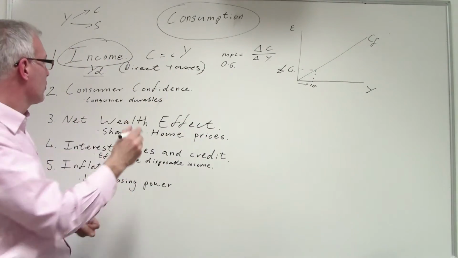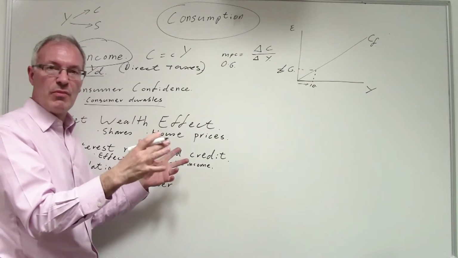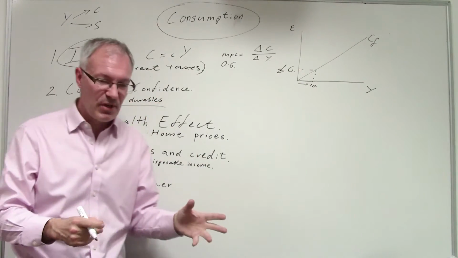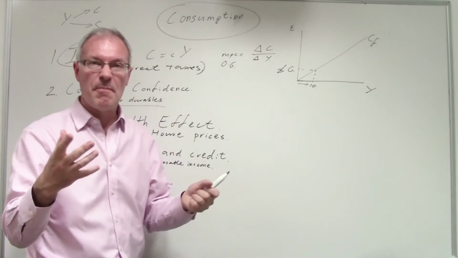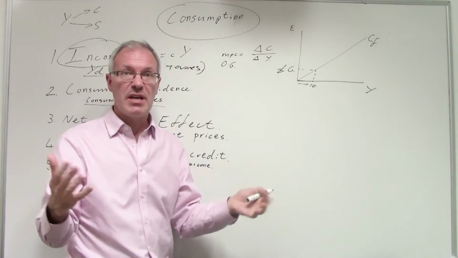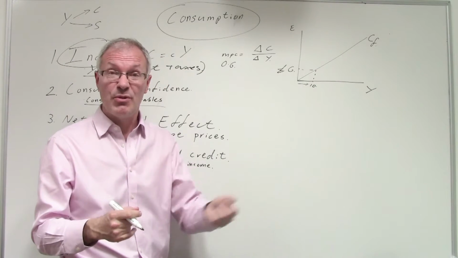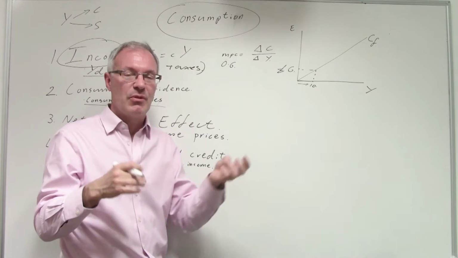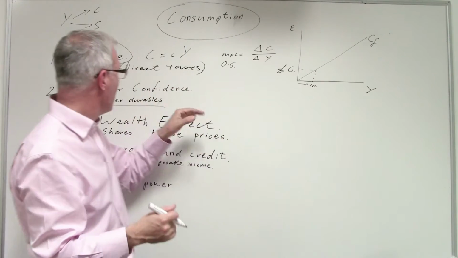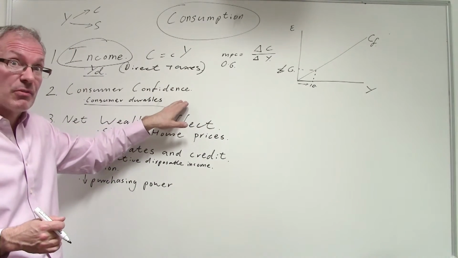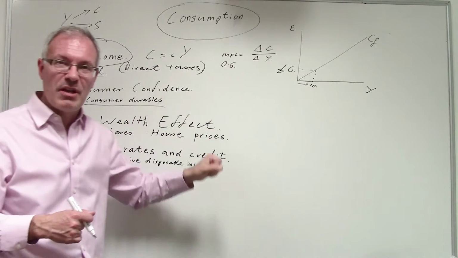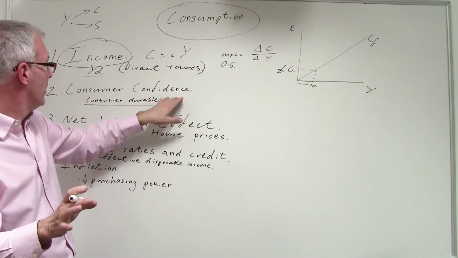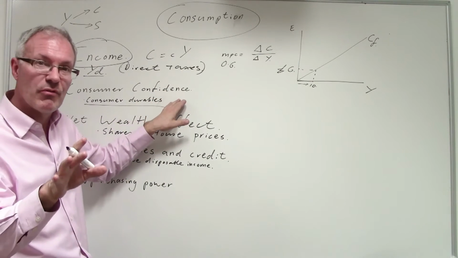You're probably going to consume fewer consumer durables, and consumer durables are simply usually big items that are durable, such as washing machines, TVs, phones, computers, etc. And non-essential items, such as that nice holiday in Barbados, you're maybe going to cut back on, if you're worried about the future, for whatever reason.